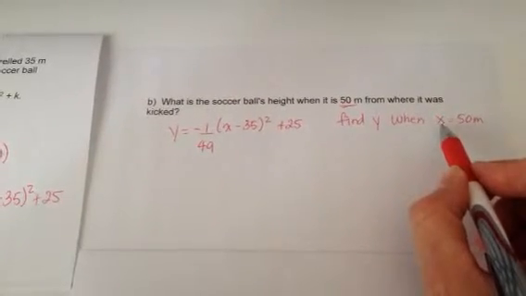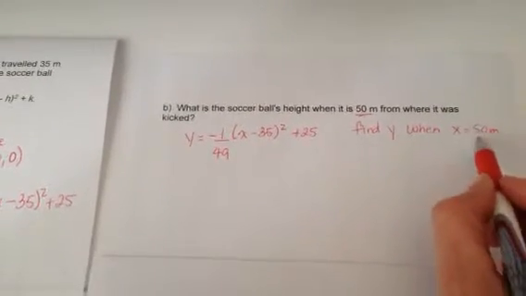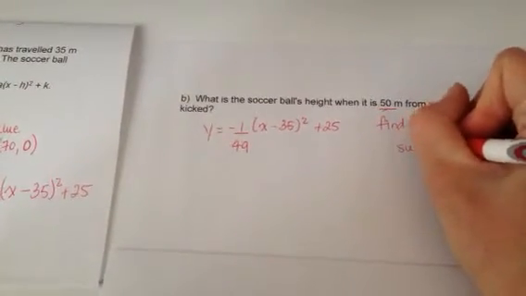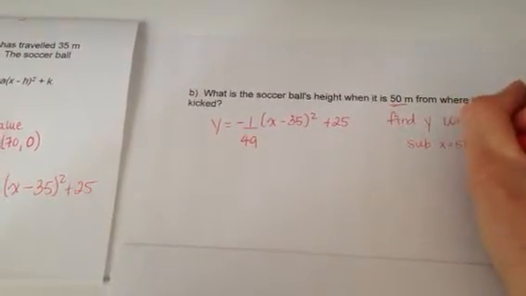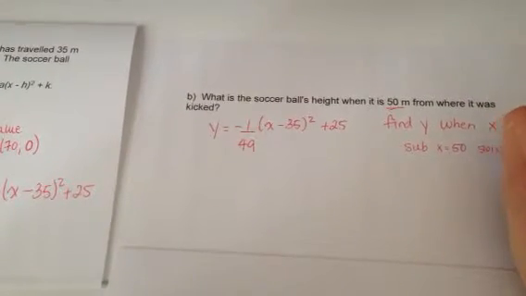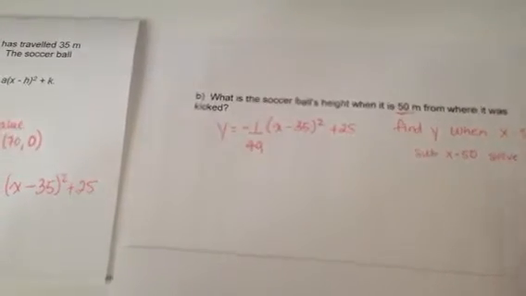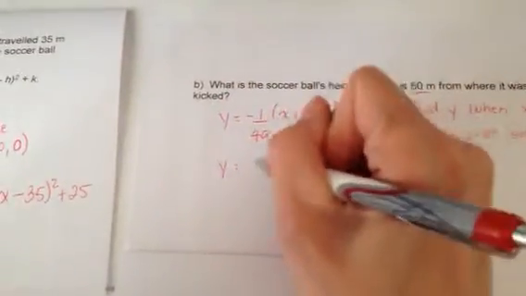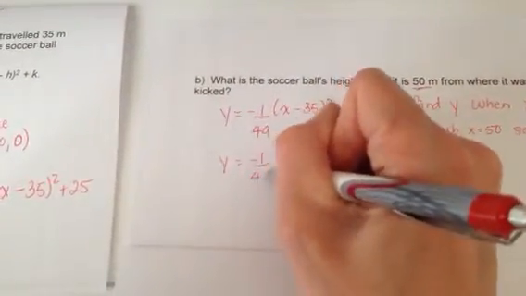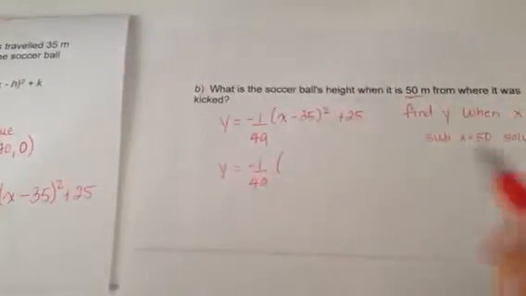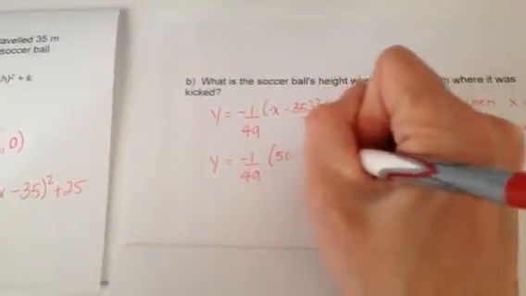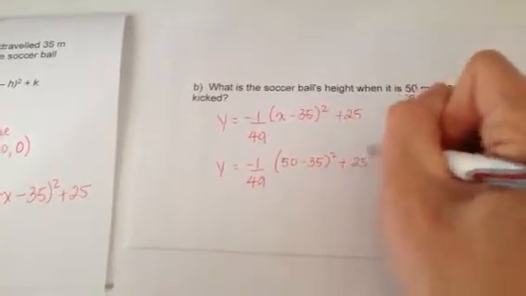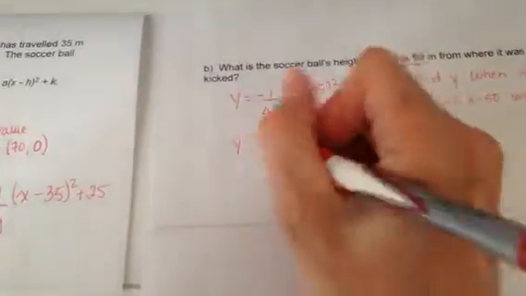So from here we just need to sub 50 in for x and solve for y. So we go to our equation and sub that in. Our x value is 50, so 50 minus 35, squared, plus 25, and here we're just solving for y.